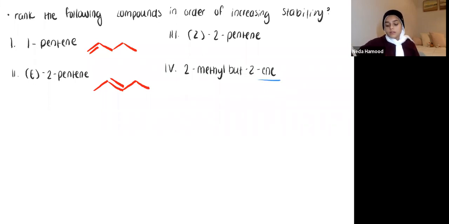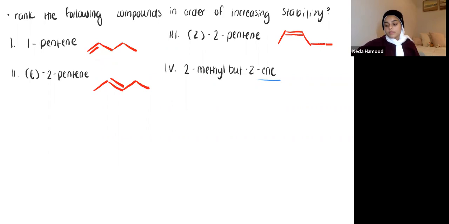Are they E? So maybe we can break that down. Technically over here we have a hydrogen, and over here we have a hydrogen. So this is our high, this is our low. This is our low, this is our high. So yeah, they are on different sides, so that is our E. Then over here we have the same thing except Z. So we're going to look like this.